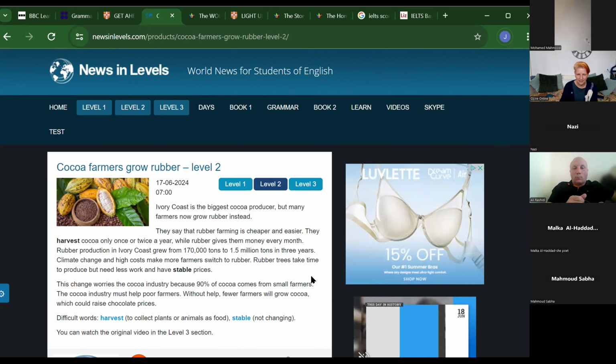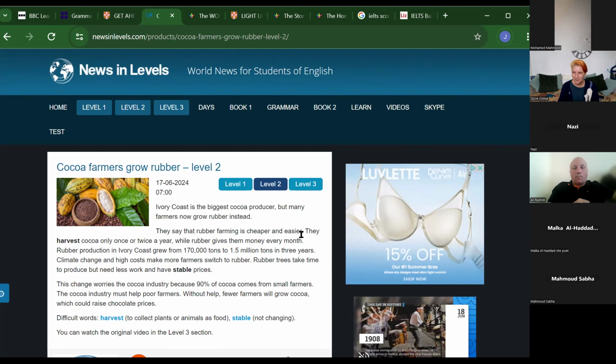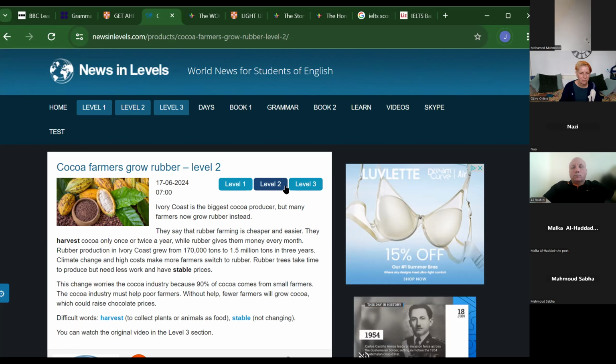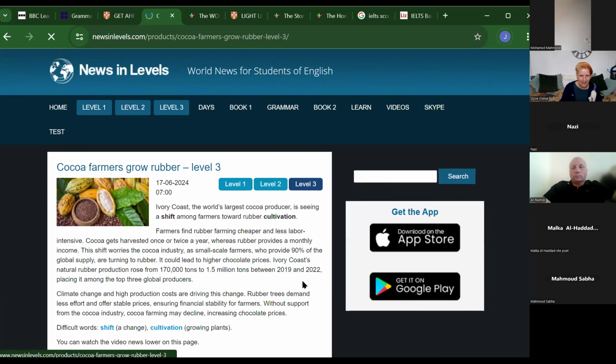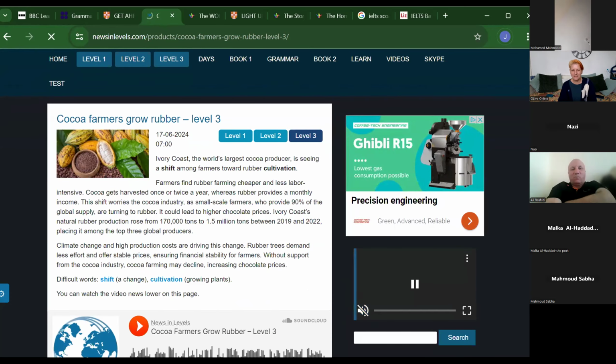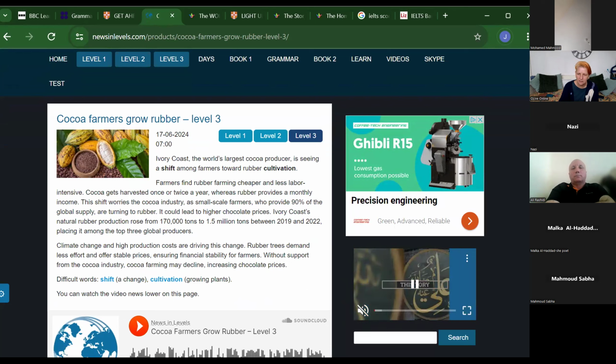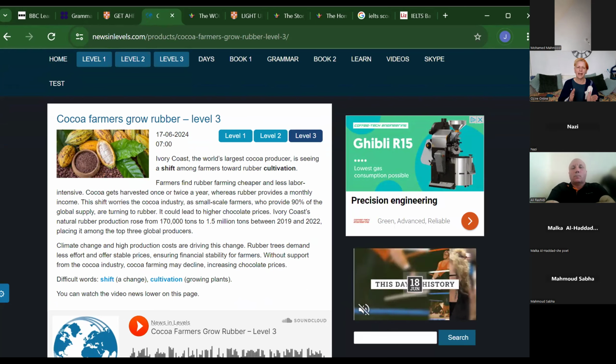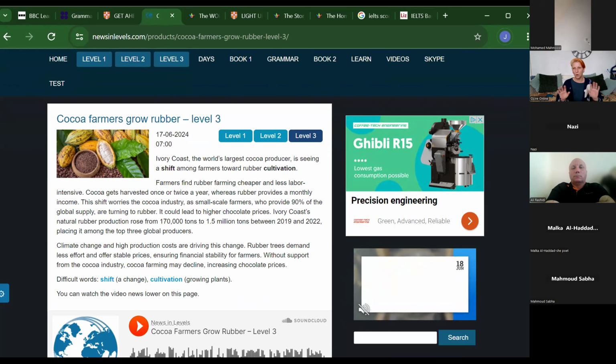And if we go to level 3, even if this is difficult for you, you already know what it's about. So that whole thing where we skip half the words in our first language, you can do this now because you know what you're reading. And here we go. At the final level, yes, there is an audio of it as well. At the final level, you now have compound and complex sentences and all the verb tenses.